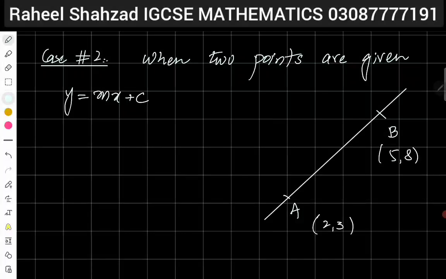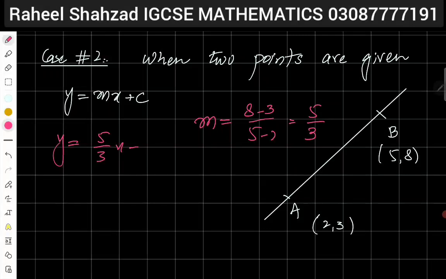So in order to find slope, first we have 2 points, and we know that slope can be calculated as y2 minus y1 divided by x2 minus x1. So 5 minus 2, that is equal to 8 minus 3, 5. 5 minus 2 is 3. So y is equal to 5 by 3x plus c.